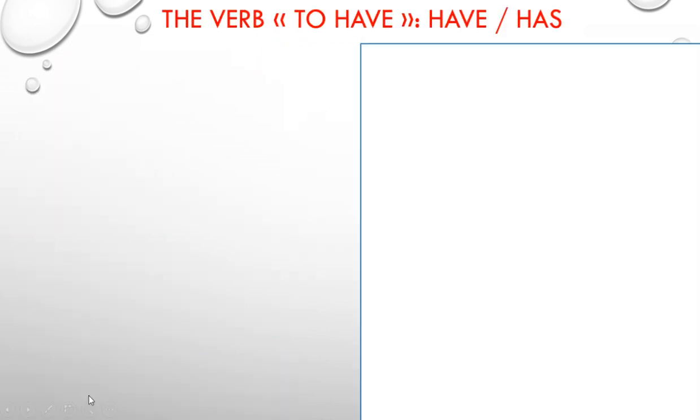Now let's do some exercises. Here we have sentence number 1. Karim has a dog. Karim has a dog. So what you're going to do is replace Karim with I, the subject pronoun I. How will you say it? What is the answer? Here we have has because we are talking about Karim, and Karim is he, as we said. The rule says he, she, it use has.